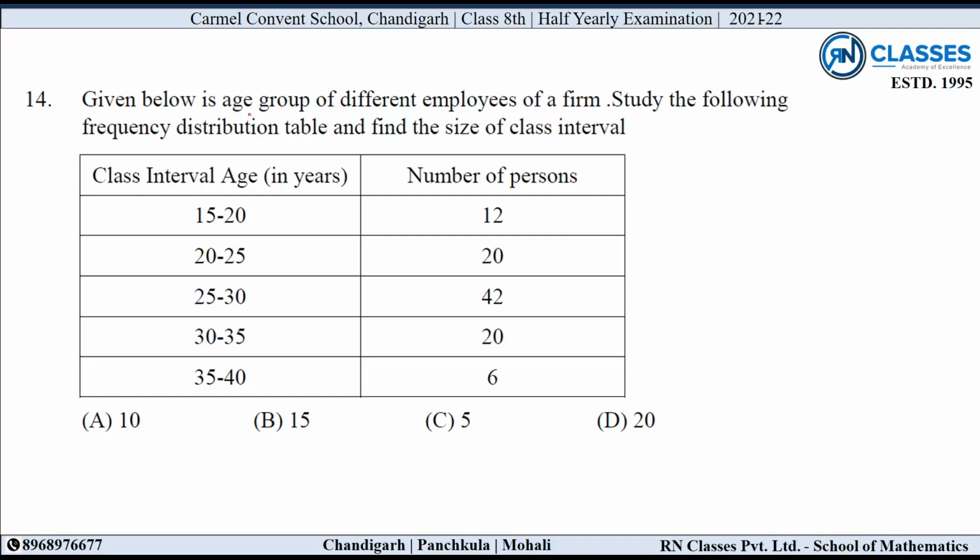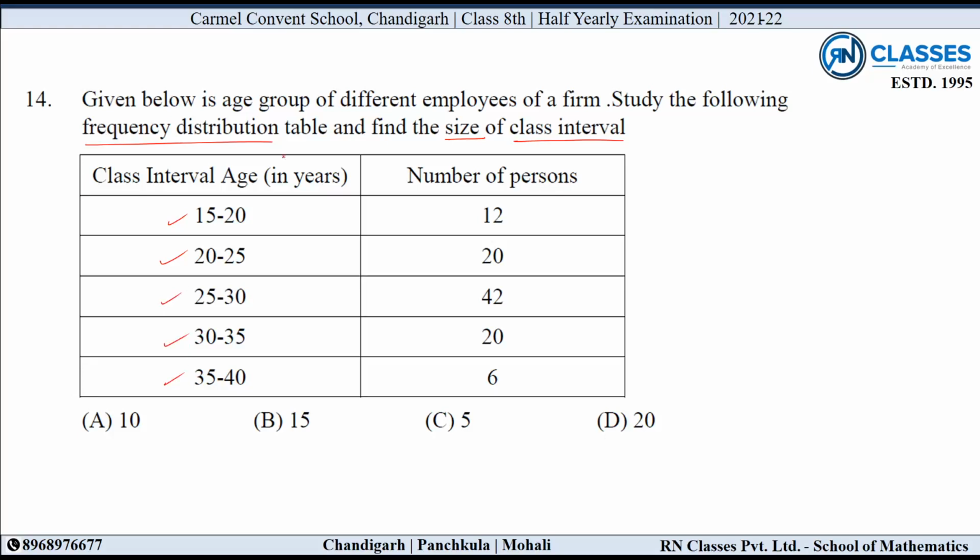Question number 14. Given below is the age group of different employees of a firm. Study the following frequency distribution table and find the size of class interval. Class intervals are given: 15 to 20, 20 to 25, 25 to 30, 30 to 35, 35 to 40.